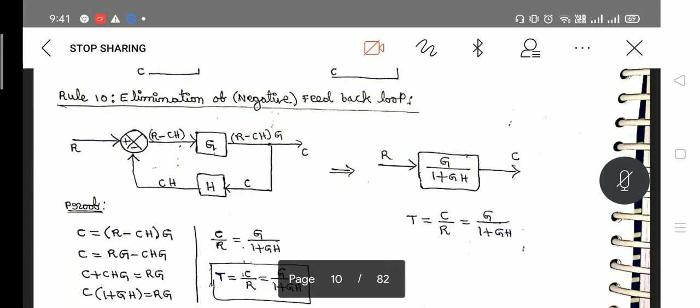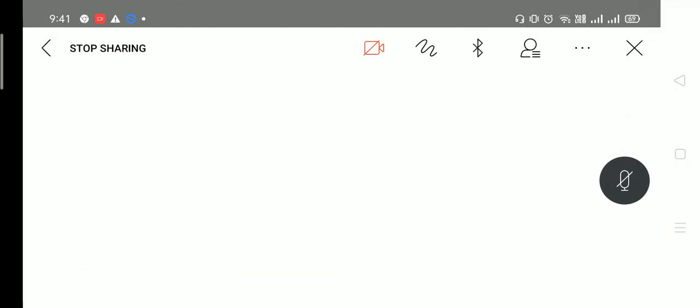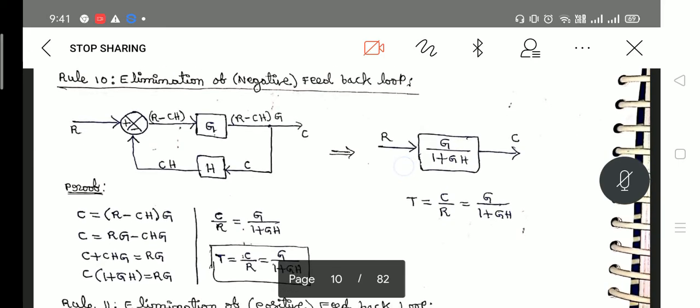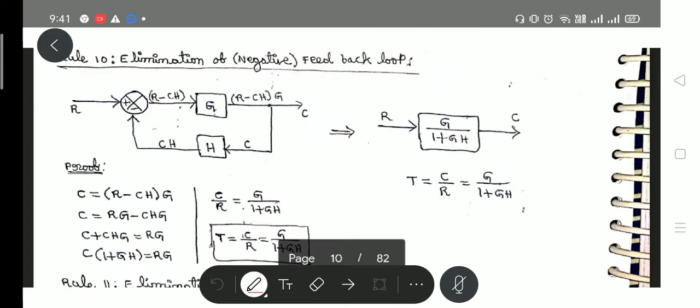Next, the 10th and 11th rules are important, that is, elimination of the negative feedback loop. Here R is the input, C is the output, G is the gain and H is the feedback. Here the output C goes to here.